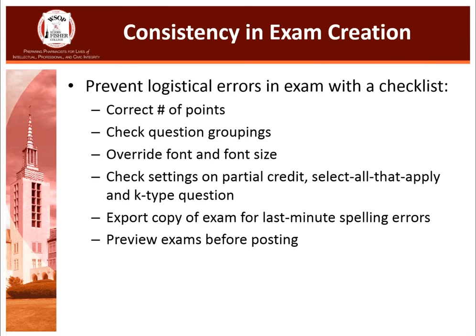If faculty use question groupings, it's worth a double check before that goes out, because the grouped questions need to be named identically for them to show up together in the exam and need to be added to the exam in the correct order. If you have two questions that are grouped, but you put the second one in first, they'll see the second one first. So it's always worth that second check to make sure that you're not going to have an issue with that on the exam.